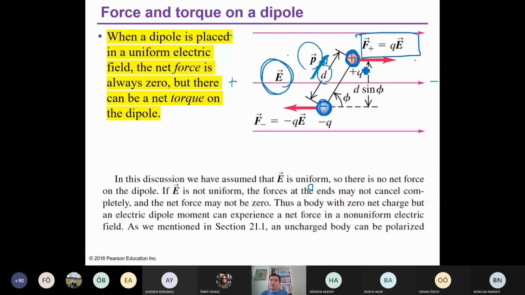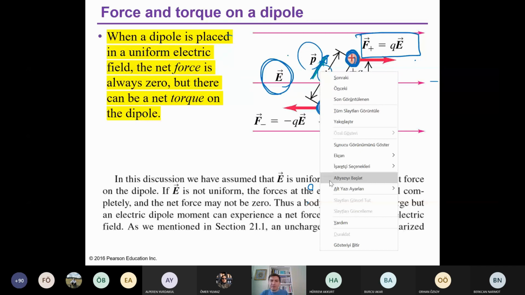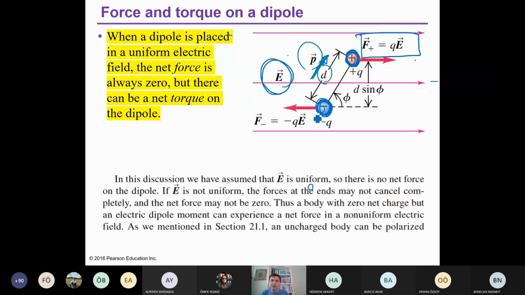It is along the positive x-axis, let's say. And here we have a negative charge, and there is another force given with this expression. Since the charge is negative, the direction of the force is different. Here we have positive charge, here we have negative charge, so the direction of the force is opposite to the electric field.